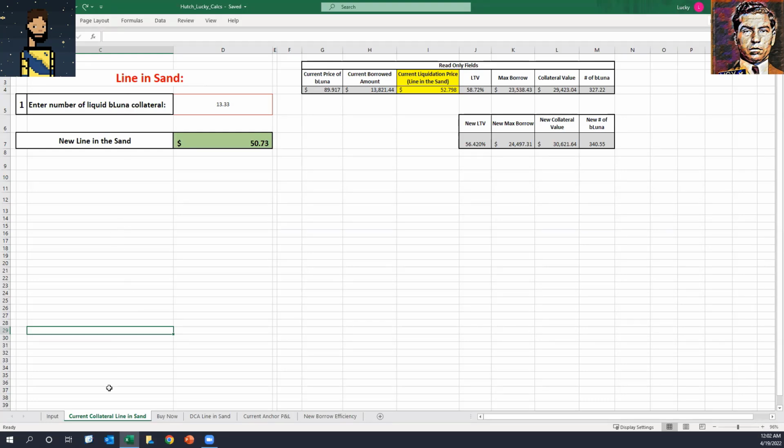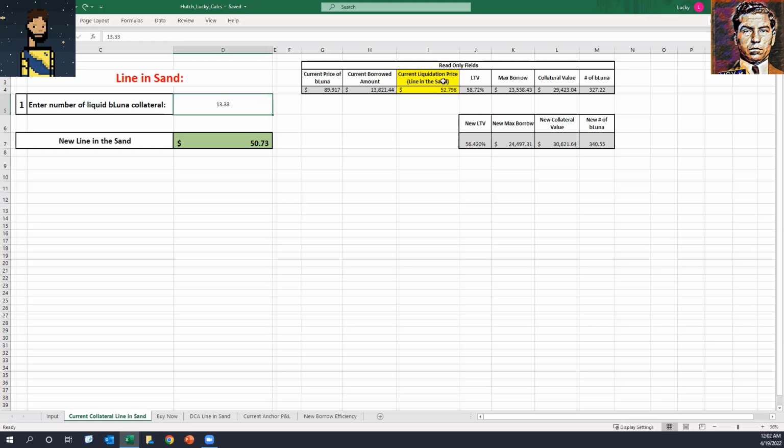So this tab here called current collateral line in the sand is really asking, if you have to go pull your bLUNA out of some LPs, or you're sitting in spec, or you're across all the different protocols, you're in Nexus, or it's just sitting in your wallet, wherever you have what we call collateral staging, however much bLUNA you have, or even other stuff you can quickly convert to bLUNA, whether it's actual Luna in an LP. If you put that in there, how low can you defend?